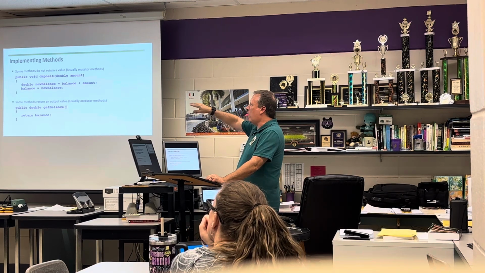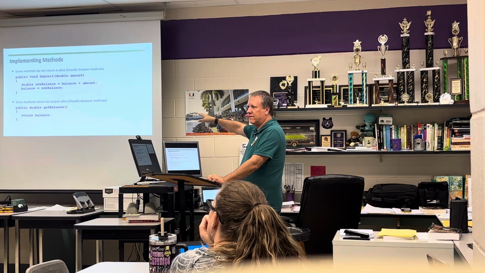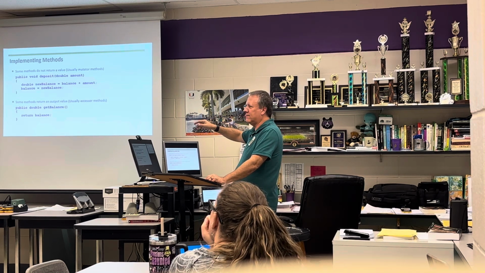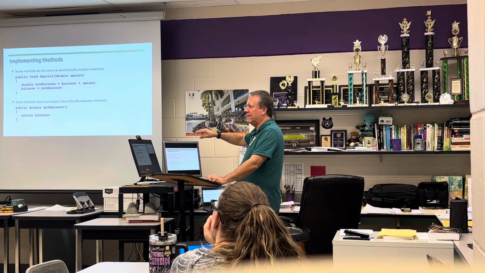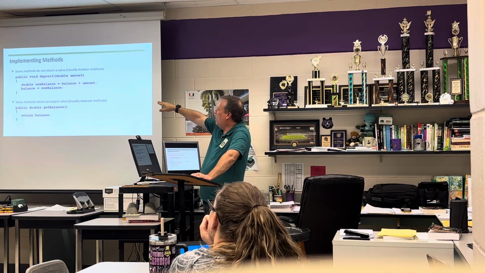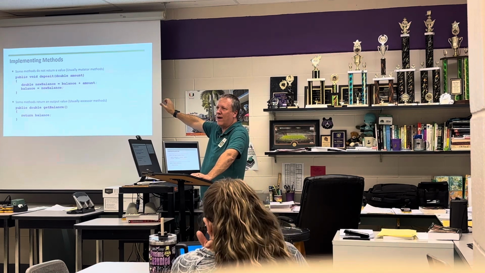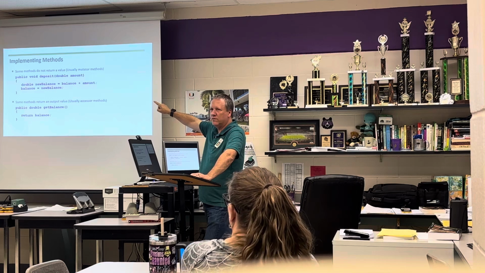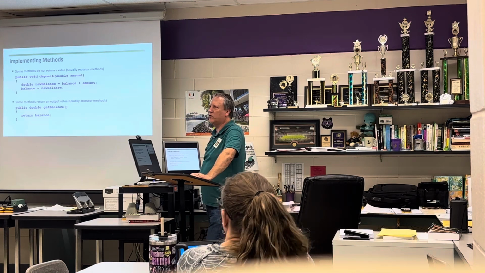In deposit, I created a new variable called newBalance. And what did I do? I took my balance and my amount, I added them together, and I called that newBalance, and now I said balance equals newBalance. Could I have done this shorter?